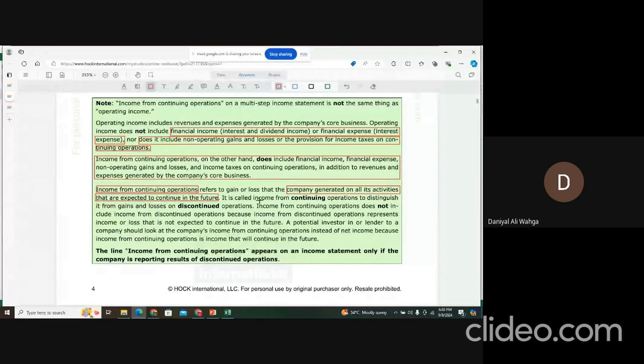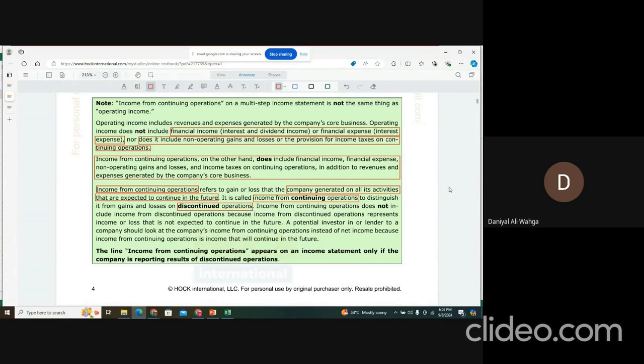It is called income from continuing operations to distinguish it from gains and losses on a discontinued operation. If you look towards gains and losses on your business segments, that would be part of your discontinued operations.